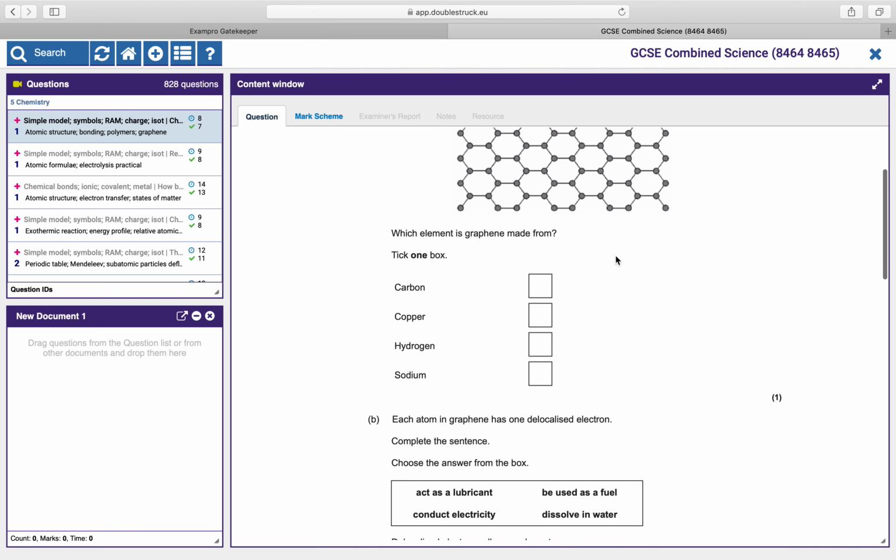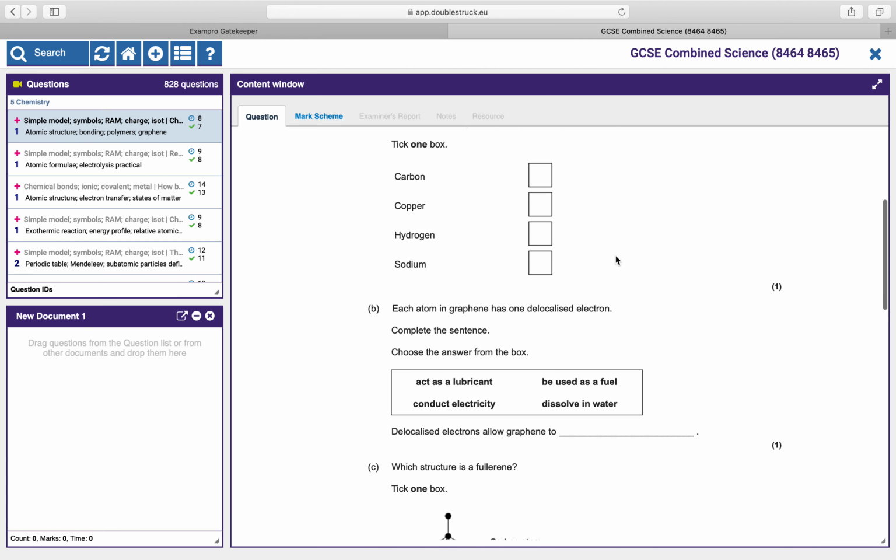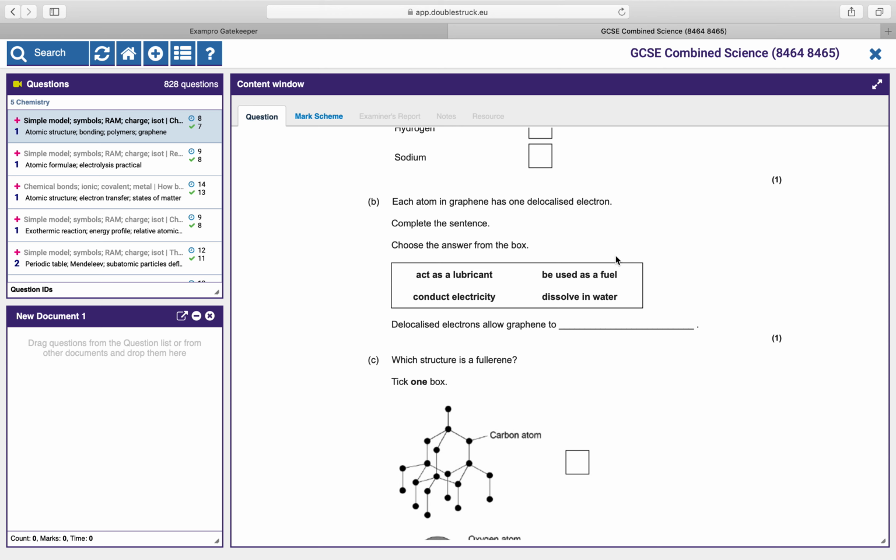Now, each atom in graphene has 1 delocalized electron. Complete the sentence and choose the answer from the box. It allows it to conduct electricity. Graphene does have these sliding layers, but you mustn't get confused and think it acts as a lubricant.